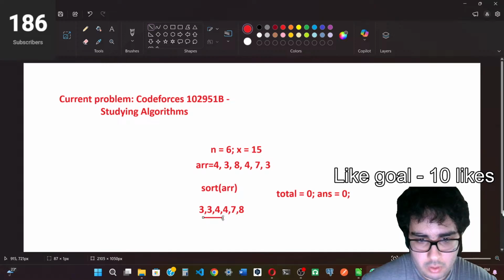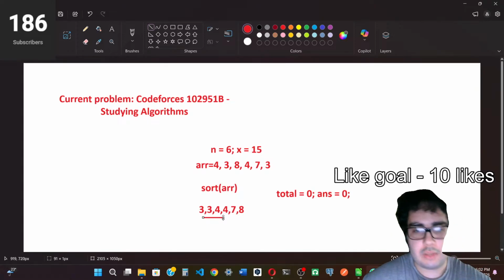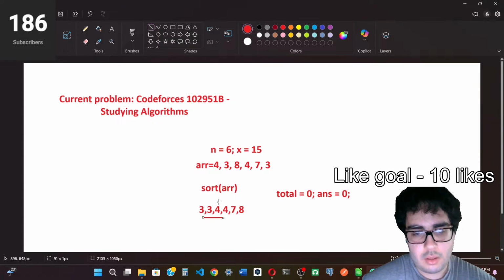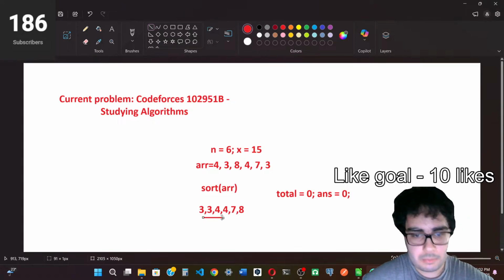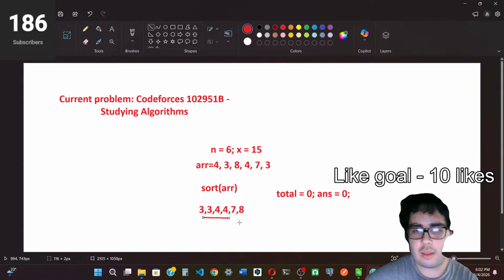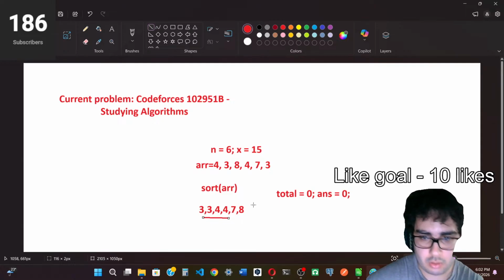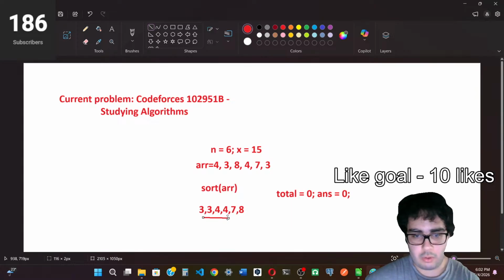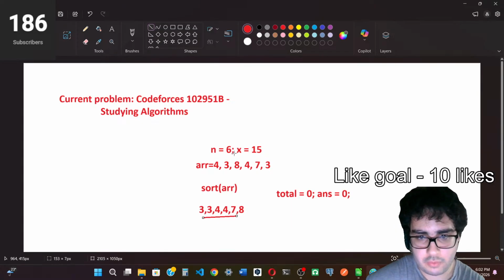Then plus 4 becomes 10, so we increment the answer again, and it is 3. Then finally, this is the final one we can add, so the total becomes 14 and we increment the answer, and it becomes 4. Now, if we add 7, it's not less than or equal to 15 anymore.